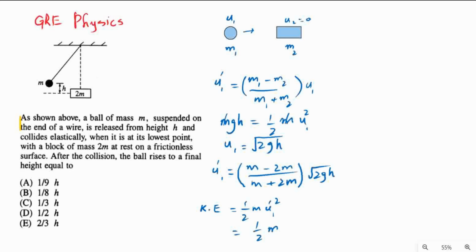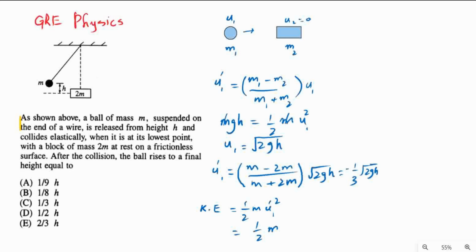Now this can be simplified also here. This is equal to minus 1 by 3, because this is minus m divided by 3m, so minus 1 by 3, and m cancel out. So 1 by 3 times square root of 2gh. This is the value of u1 prime.